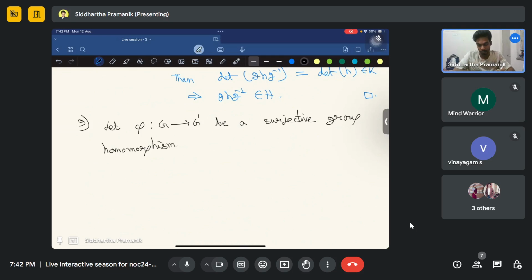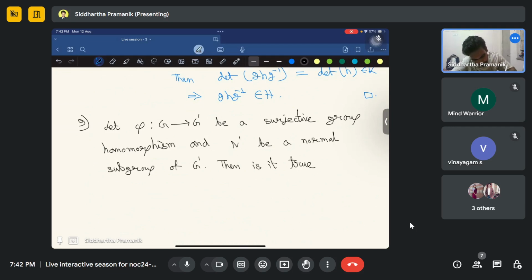Also assume N prime is a normal subgroup of G prime. Then is it true that phi inverse N prime?